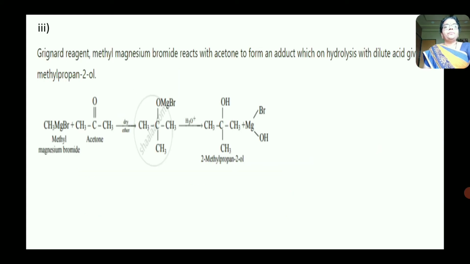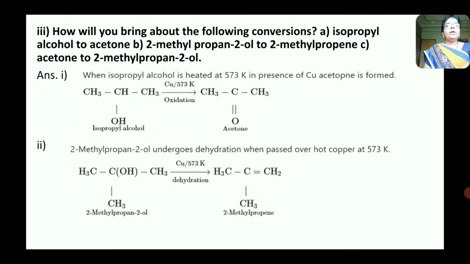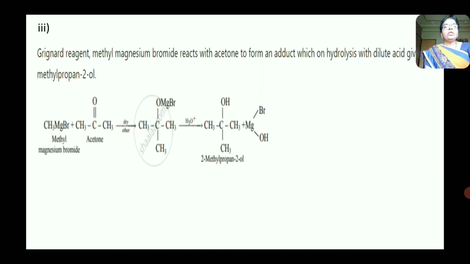Then third reaction is conversion of acetone into 2-methyl propan-2-ol. Now here when acetone is treated with Grignard's reagent in presence of dry ether. Now Grignard's reagent is methyl magnesium bromide. This is acetone, that is CH3COCH3, in presence of dry ether.